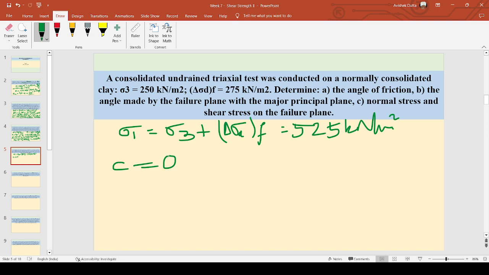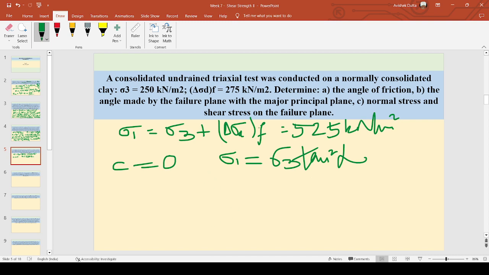For any kind of undrained test on normally consolidated clays, C is 0. So again the sigma 1 equation changes to sigma 3 tan square alpha. For cohesionless soil and undrained tests on normally consolidated clays, C becomes 0 and the equation becomes sigma 1 equals sigma 3 tan square alpha, from where we get the value of alpha.